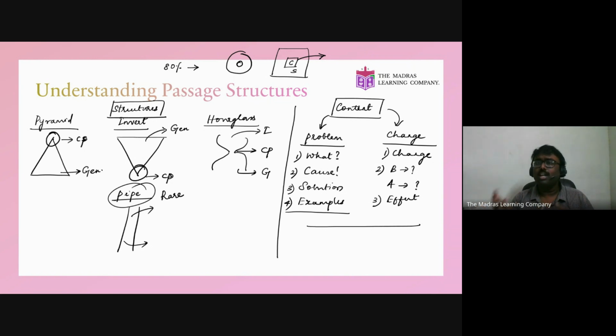Whether it's a problem or a change, it could be a third thing where it is neither, then we can't do much. Just leave it at that. But if it's a problem, you'll understand what the problem is, what the cause is, and what the solution is. If it's a change, you'll understand what the change is, what it was before, what it was after, and what the effect is. If you understand this, you'll understand the main idea of the passage to a great extent.